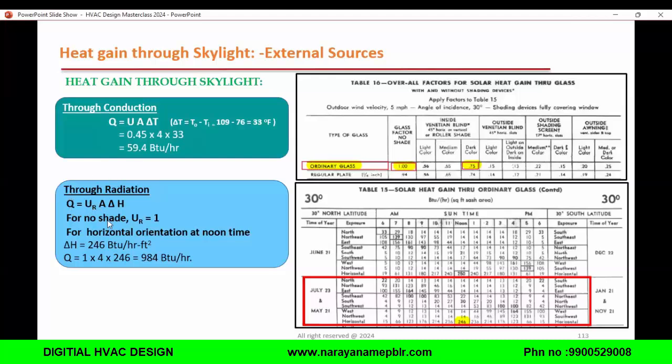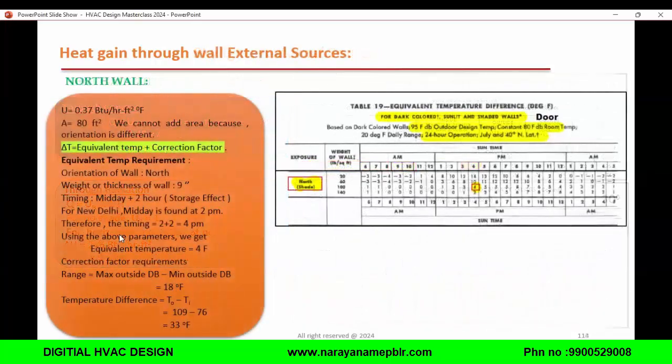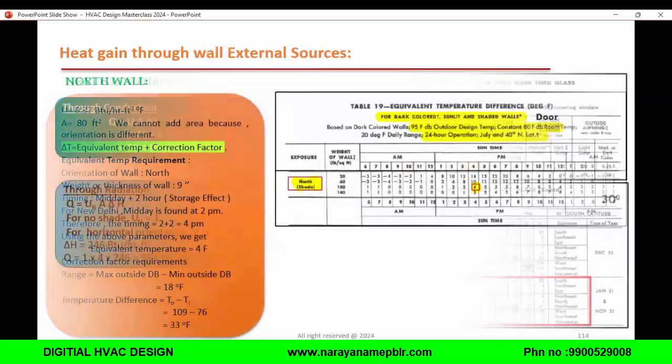Here for the skylight we are going for no shade, so no shade means 1. Del H you will find out from the table based on the orientation. It is on the roof, so generally afternoon, noon time, where you find the maximum temperature. So 246 is considered here. Using all these parameters, you will get the values.